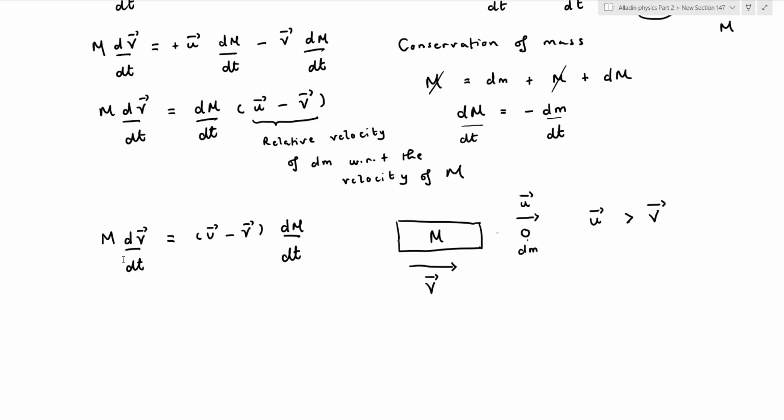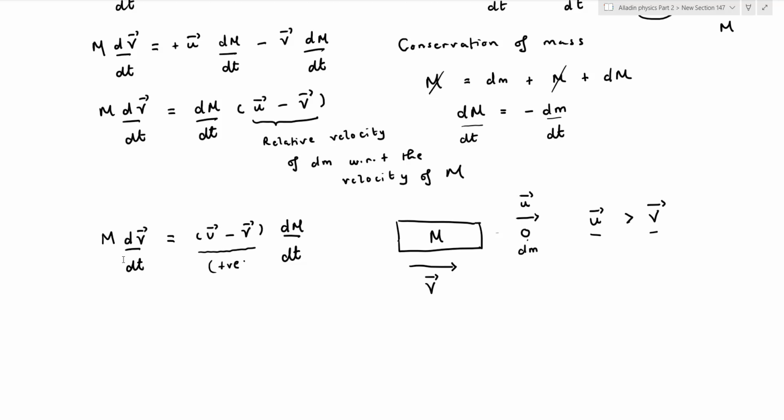So we have small u greater than v vector, so this term is positive.